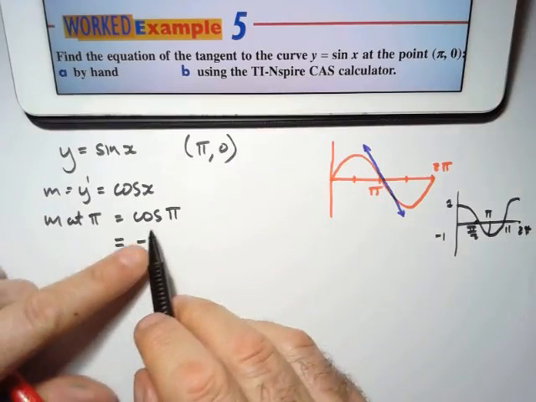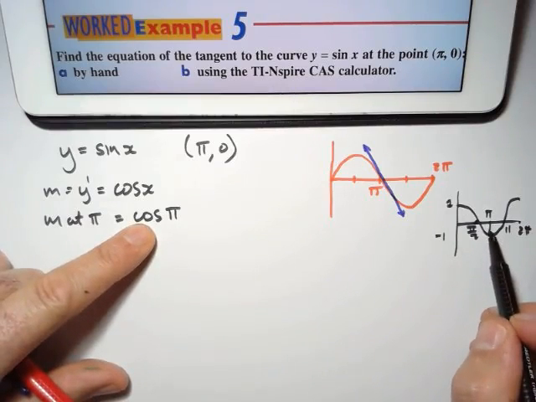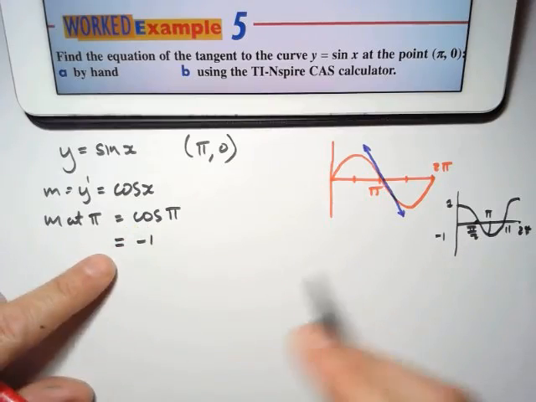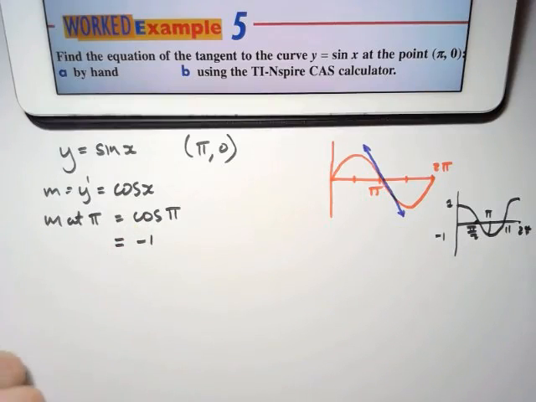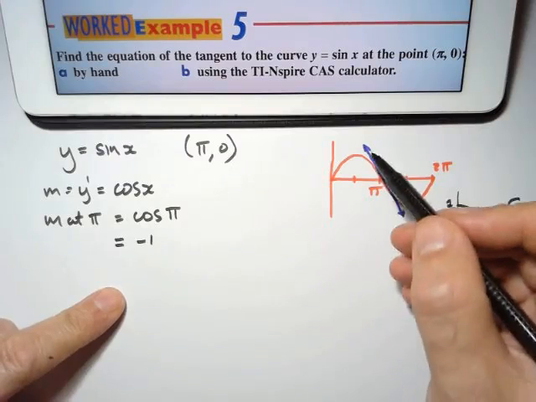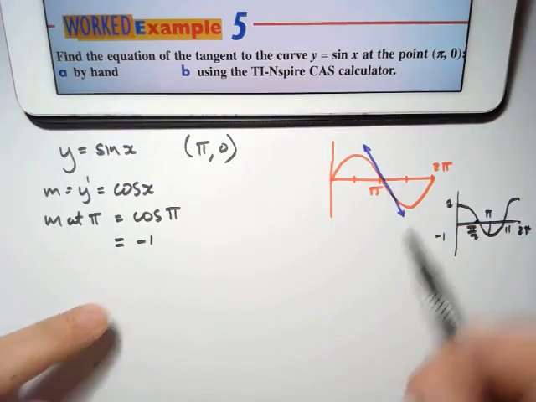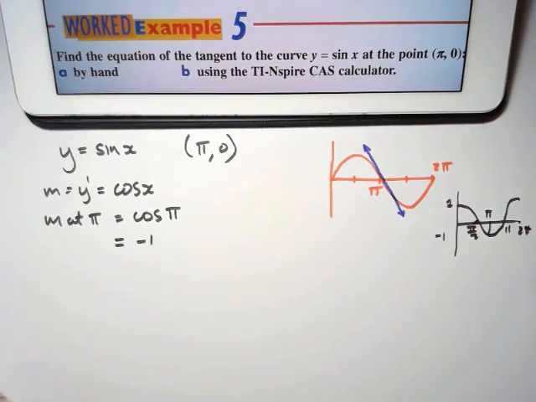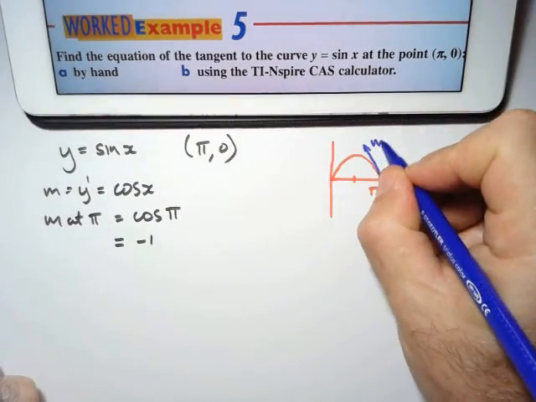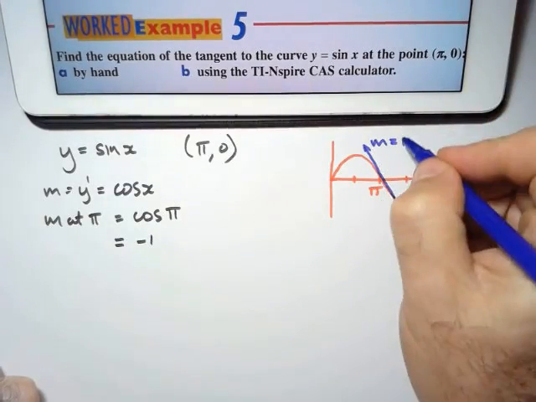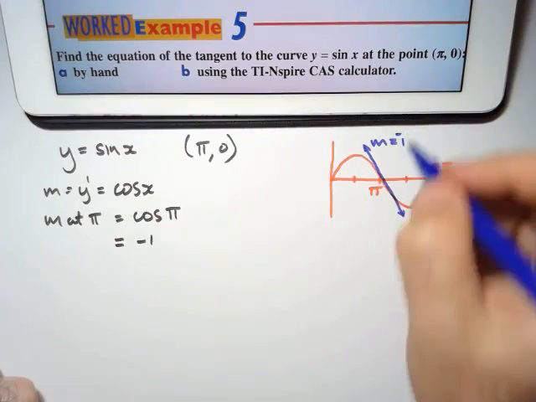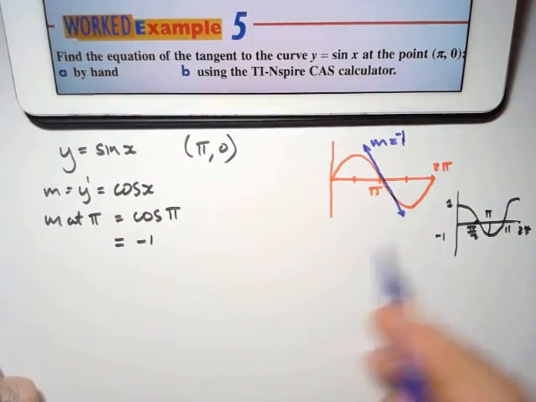So the cos of pi equals negative 1. Or you can just chuck it onto your calculator and get your gradient. So the gradient of that line, I'm going to write it there so you don't get confused, equals negative 1.